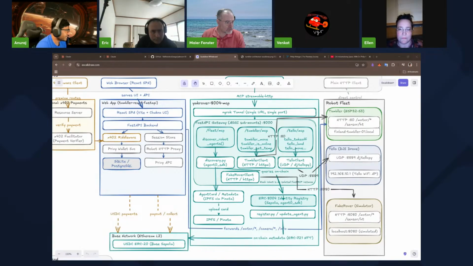You add the HTTP endpoints and some metadata into the robots folder. There is an example called fake rover, which is similar to the Tumblr HTTP endpoint, so you can simulate the Tumblr now just with this fake rover client.